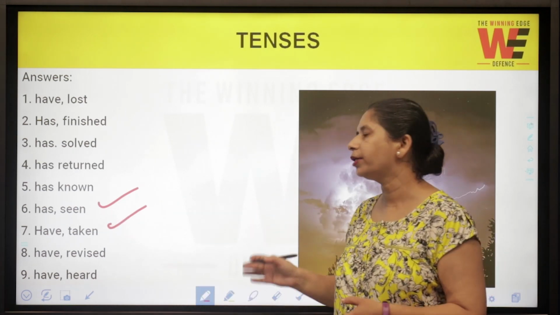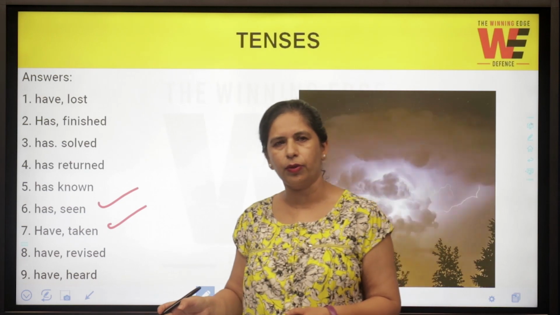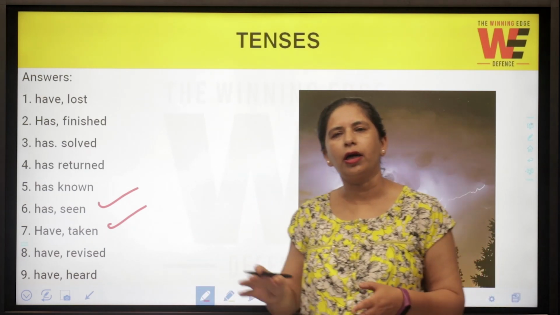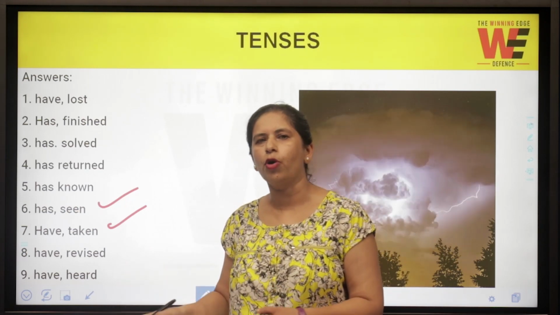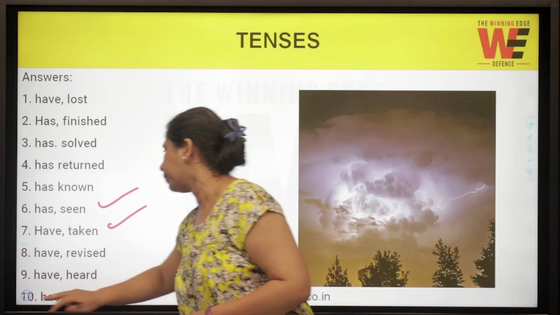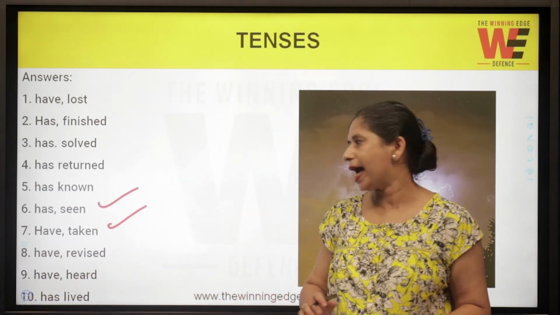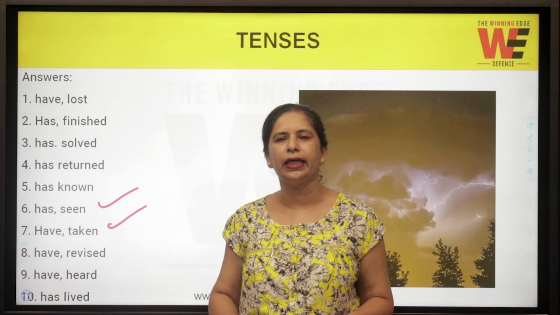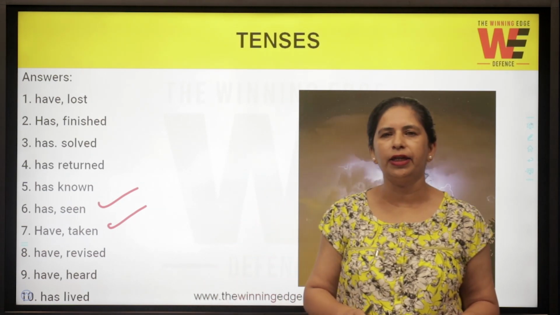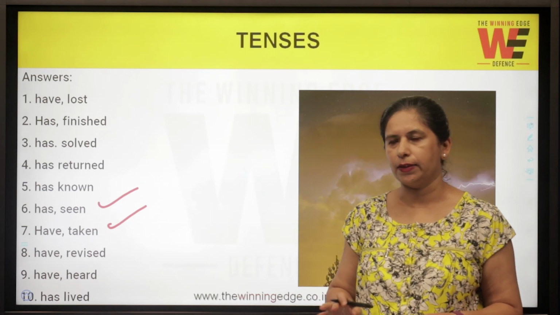I have not revised my lesson. Okay. Then 9th वाले में क्या हो जाएगा आपका? We have not heard from Rajni for the last 4 months. We have not heard. Okay. And 10th वाला क्या है आपका? She has lived in Delhi for 8 years. Your correct answer will be she has lived in Delhi for 8 years.